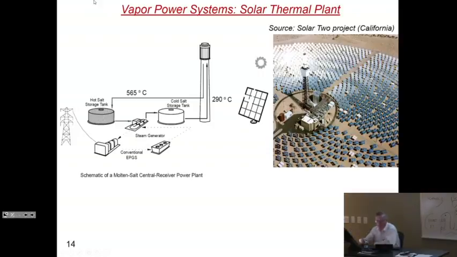So you use salt, like table salt, sodium chloride, heat it up to 565 degrees C using solar power, and then it's stored so that it can buffer changes in the insolation and the amount of sunlight that you heat this up with. This molten salt is then used in a heat exchanger to generate steam in the steam generator. That's here.